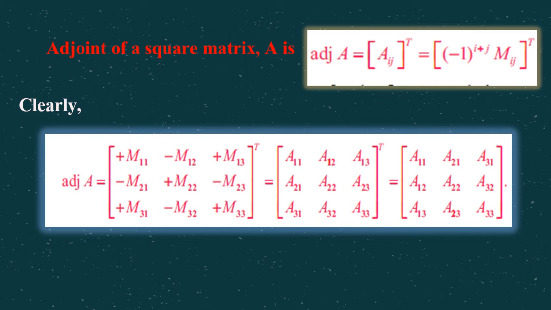So we get adj A equal to A11, A21, A31, A12, A22, A32, A13, A23, A33. Please have it in mind how to write it in the minor form and in the cofactor form. The notation differs. Once we multiply with the sign of that position value, it turns into the cofactor matrix. Got it?